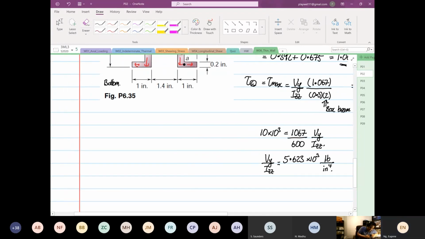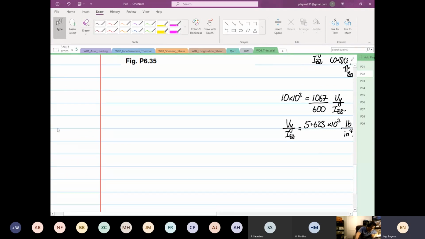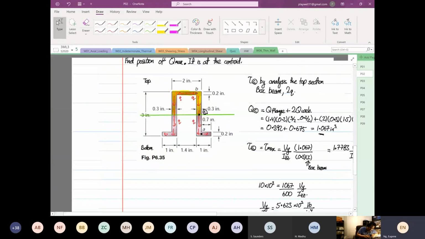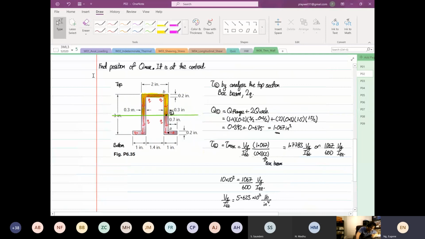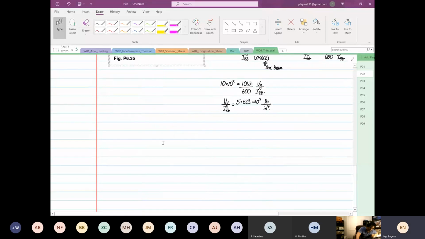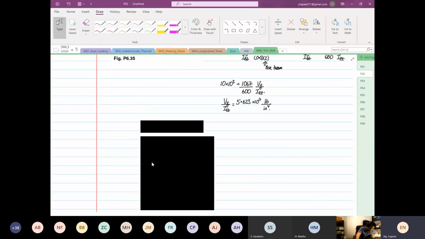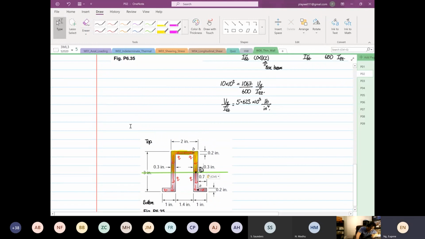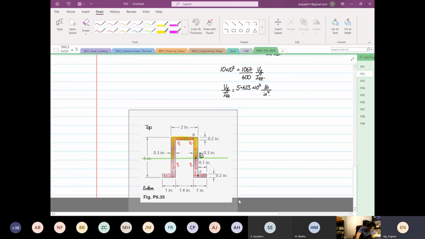Now, what if you decide to take from the bottom? So I'm going to copy this again so you can see the figure better. So we're going to take this from the bottom now.